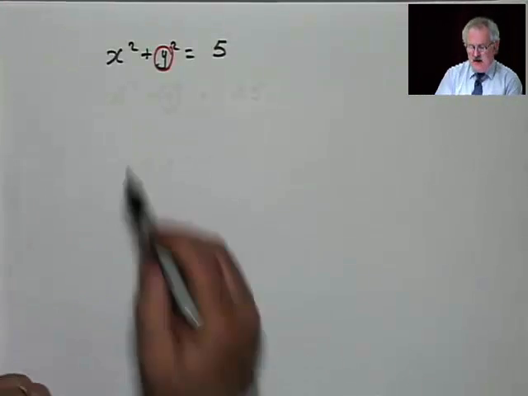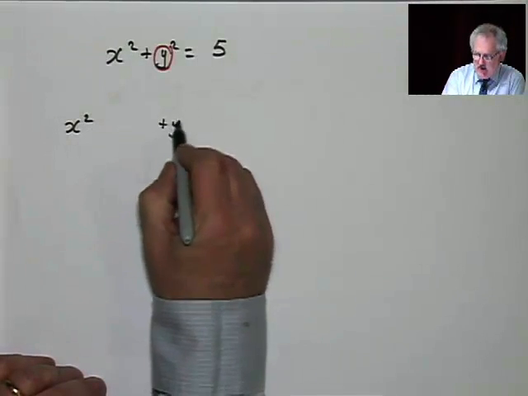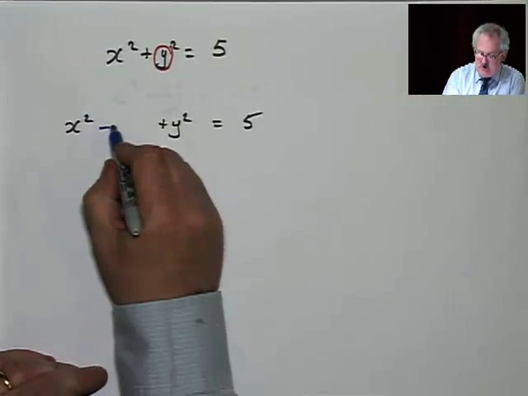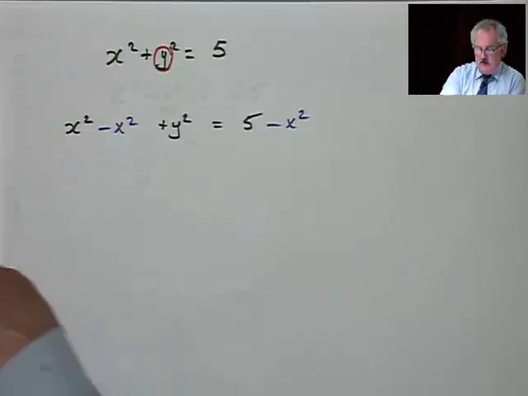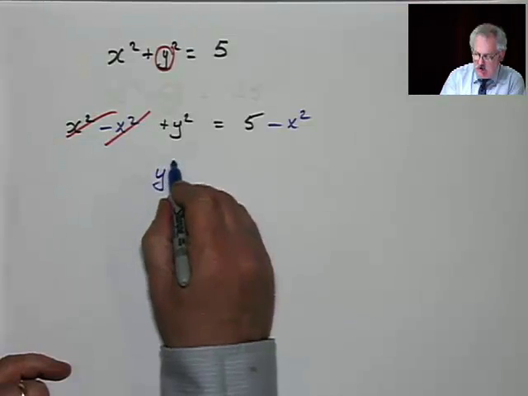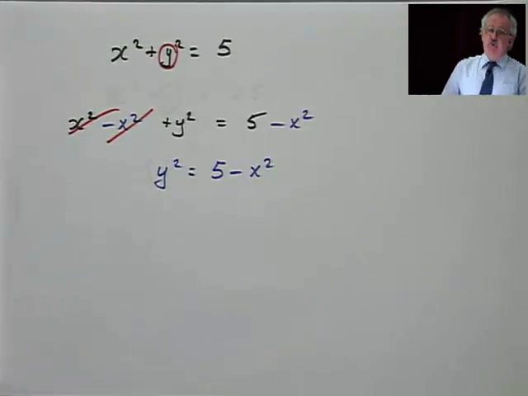So I'm going to start by getting rid of the x squared. I'm going to take x squared from both sides, so that's going to cancel. I now have y squared is equal to 25 minus x squared. That's not bad. I'm close.